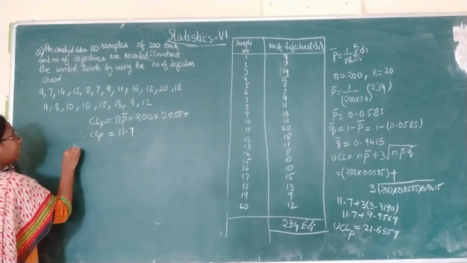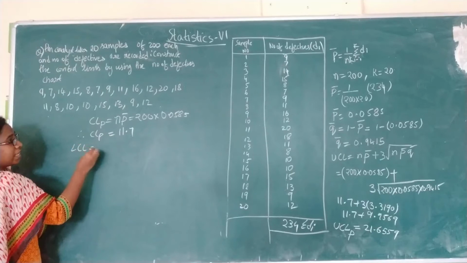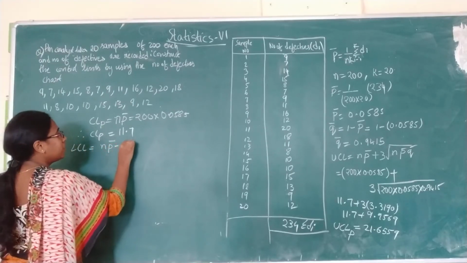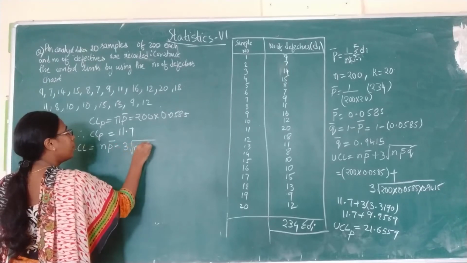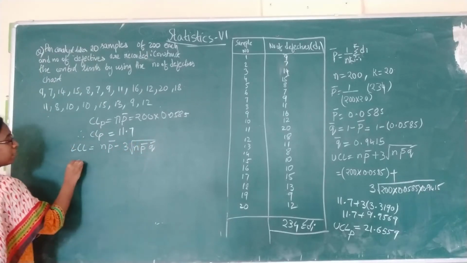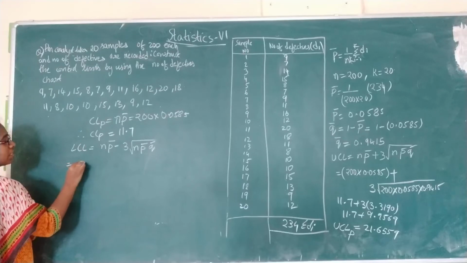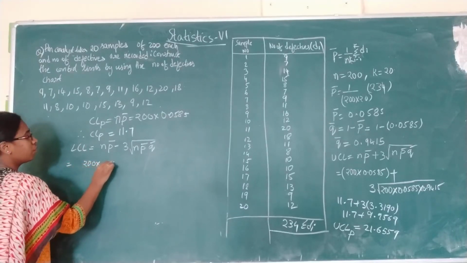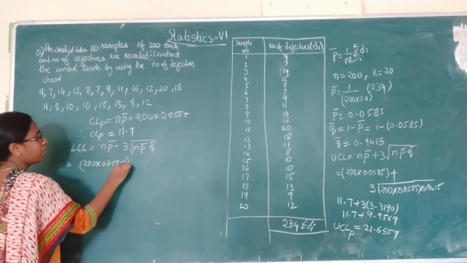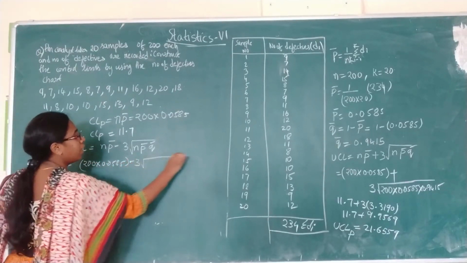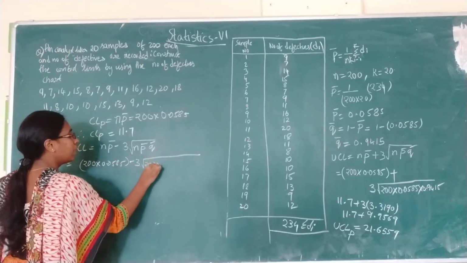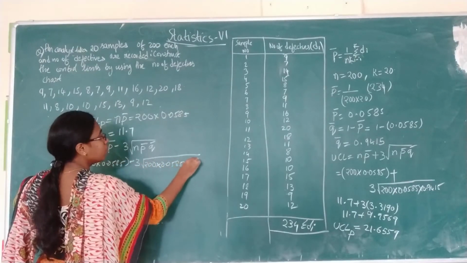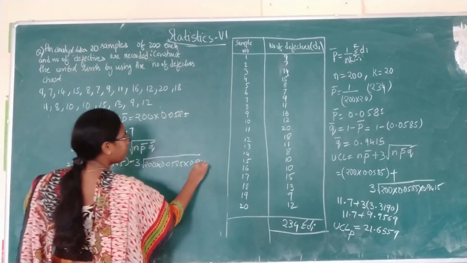Next find out the LCL value. So LCL is n P bar minus 3 into under root n P bar Q bar. So n P bar means 200 into P bar value 0.0585 minus 3 into under root 200 into 0.0585 into 0.9415.